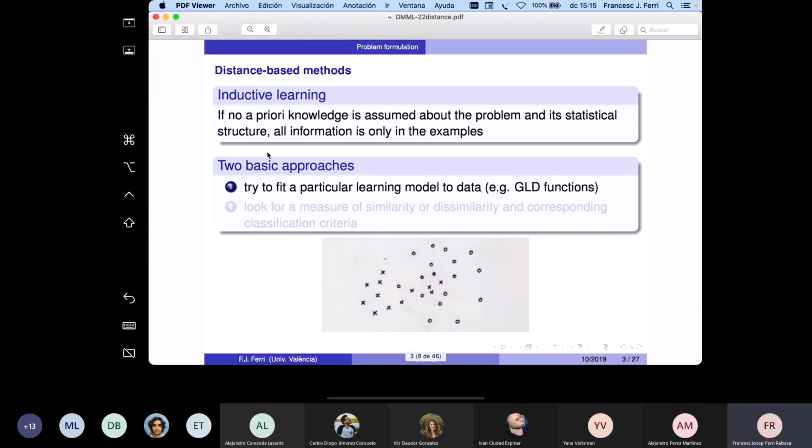Even though I'm obtaining a linear classifier, if I follow a parametric approach and I assume the classes are Gaussian, then I compute means, and then I compute a linear classifier, these two linear classifiers are very, very different. In the first case, I make no assumptions and I have a broad optimization problem.